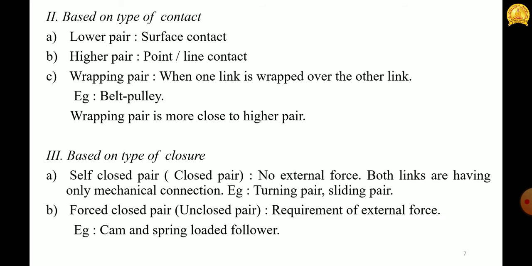When a pair has point or line contact between the links, it is known as a higher pair. Example, wheel rolling on a surface, cam and follower contact, etc. A higher pair involves two dissimilar surface contacts. All lower pairs are closed pairs.